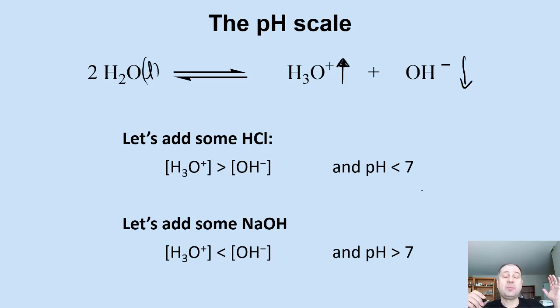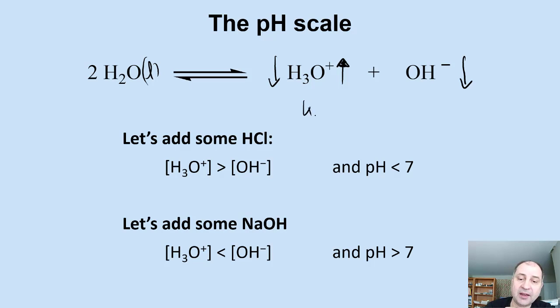So a pH between 1 and 7 is an acidic solution, and if you do the opposite, if you add a source of hydroxide or something that produces hydroxide in solution, you're going to get a shift to the left also, but you are depleting then the hydronium ion concentration.